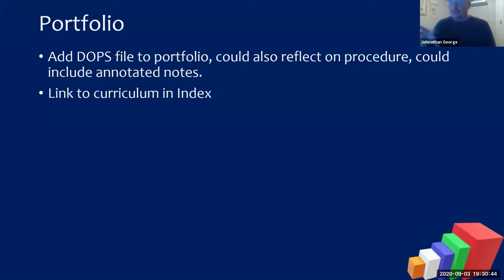You can link it into any annotations that you've made from any articles that you've read. And then you can link this in the index to areas of your curriculum for your training. Does that make sense? They're saying yes.